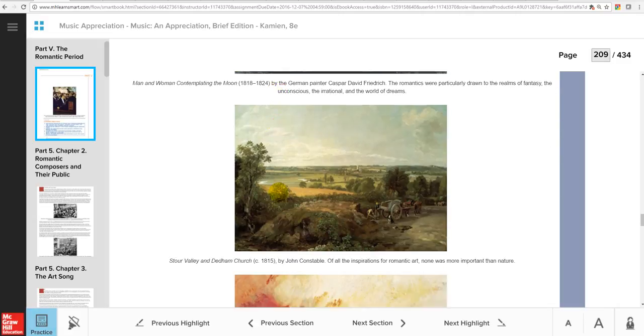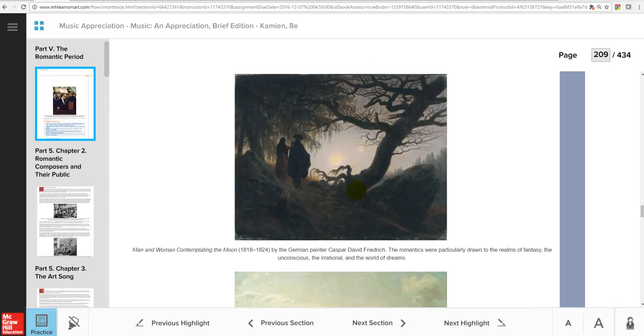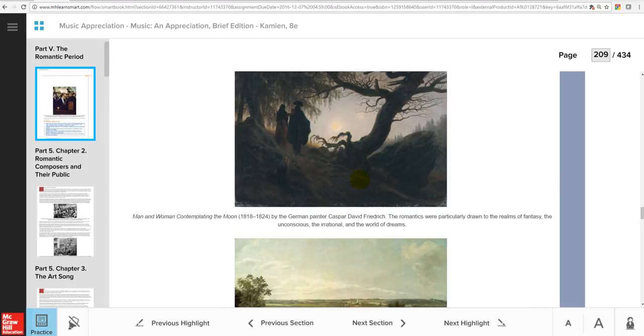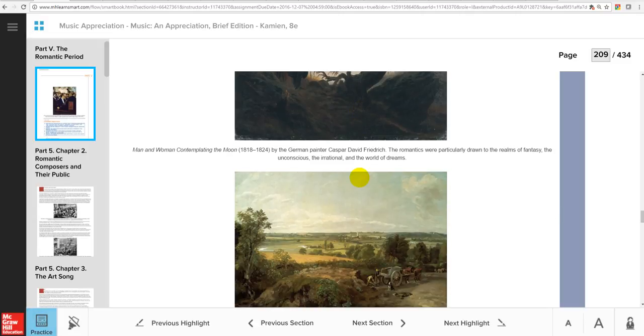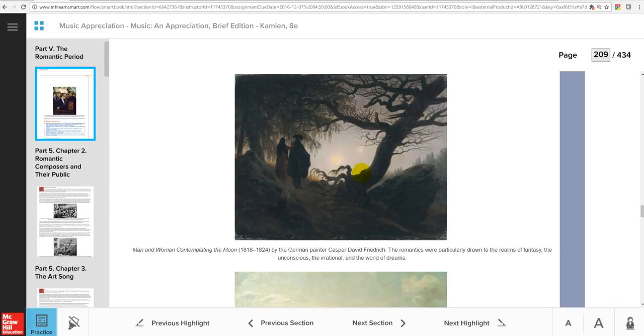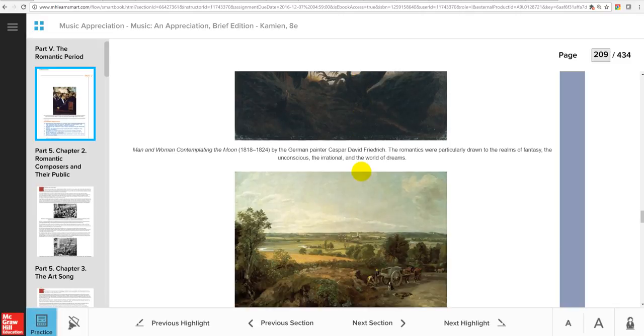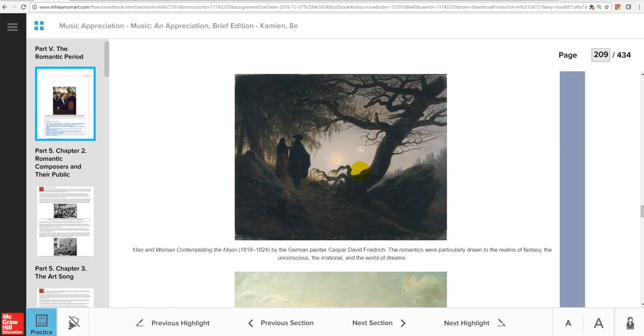Okay, moving on. We're going to skip over a few of these. Now, we do see a couple paintings here representing the focus of nature, too. Nature was something that people began to express in art as a thing of beauty, probably because you now have so many people moving to cities. And when you live in the city, you feel like you're not as connected to nature. So many artists, and this, again, can be harkened back to Beethoven.